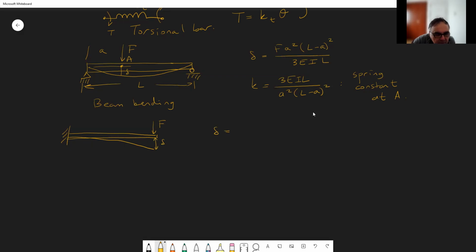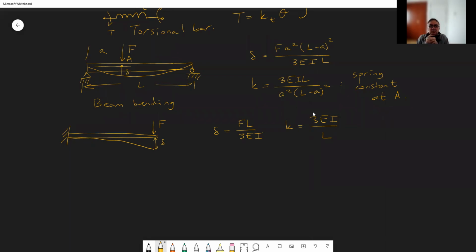This delta is going to be FL cubed over 3EI, so the spring constant is going to be 3EI over L cubed. I is the areal moment of inertia of the cross section, remember. So this is a cantilever.